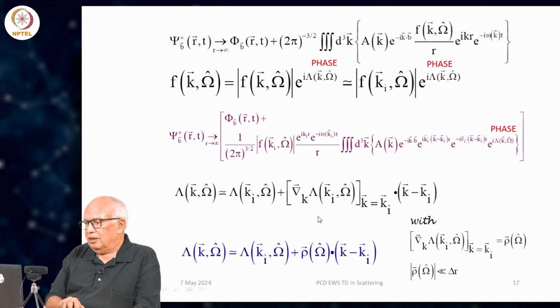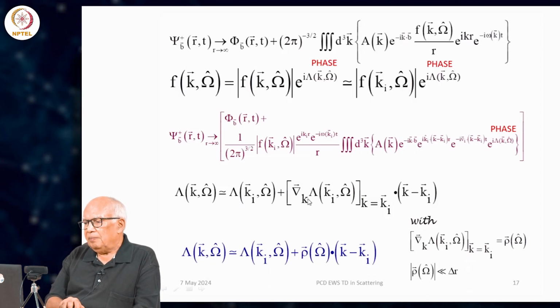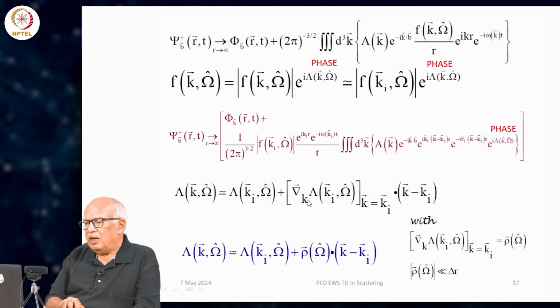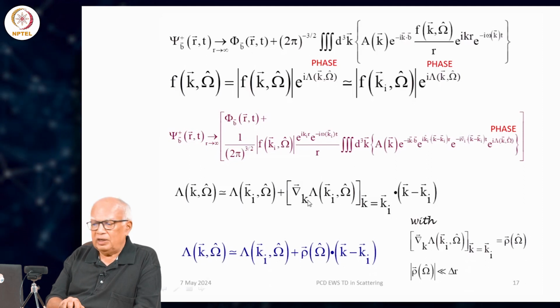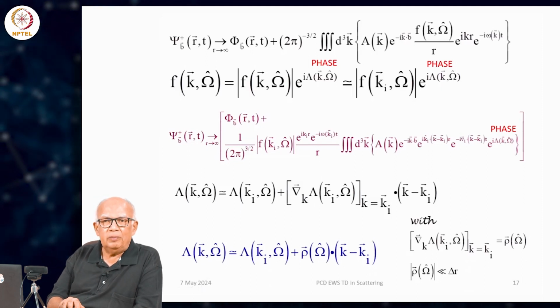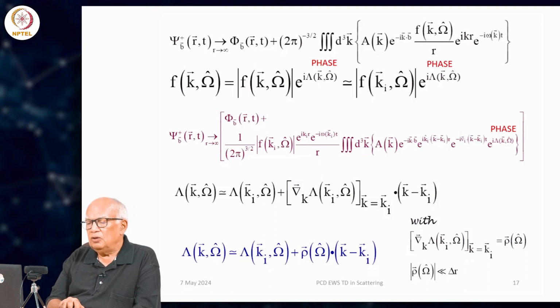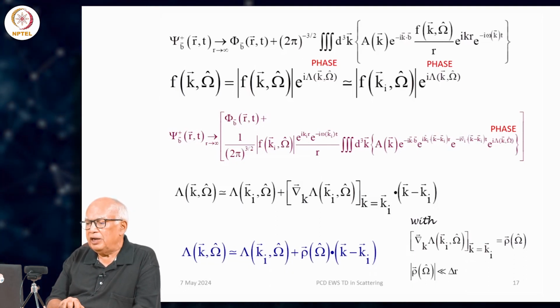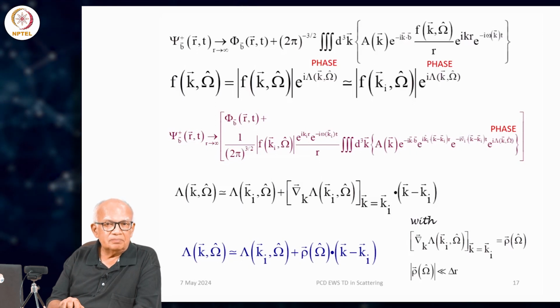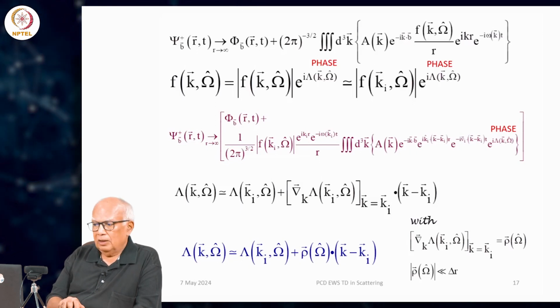So, this gradient term, this is d lambda by dk. So, it is divided by momentum, momentum dimension goes in the denominator, what comes in the numerator, the dimension that comes in the numerator is distance. Okay.